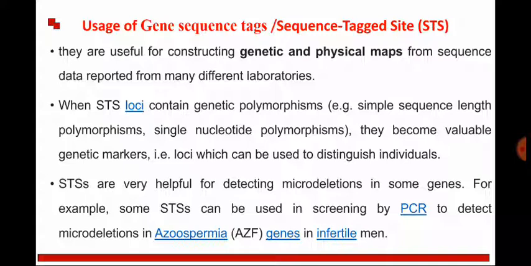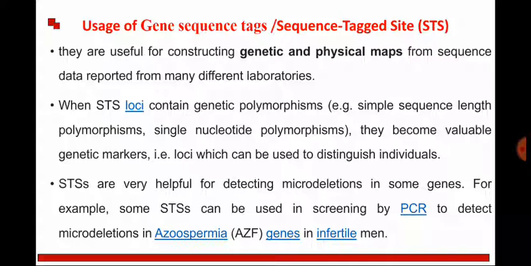The second point is that sequence tagged sites contain genetic polymorphisms, that means simple sequence length polymorphism and single nucleotide polymorphism. They become useful genetic markers.